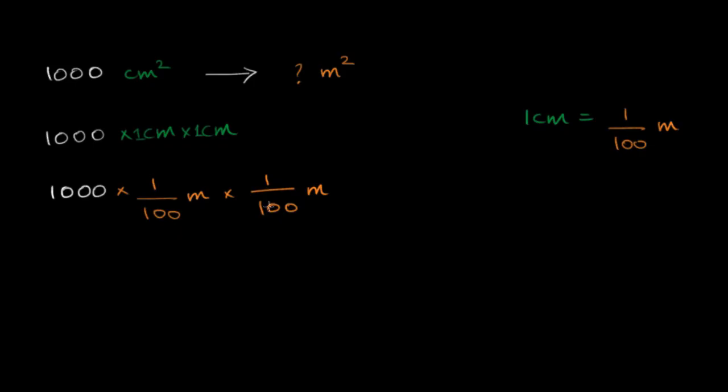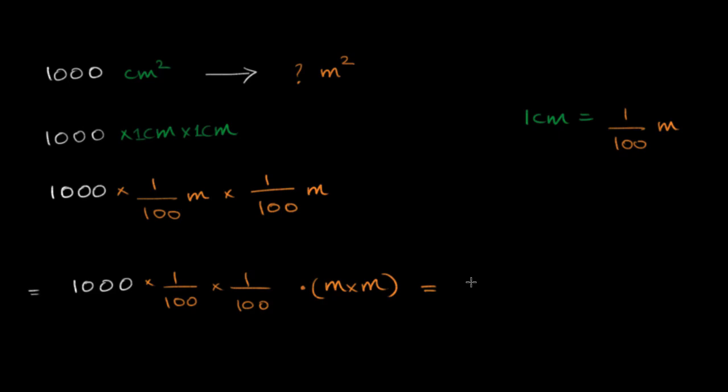So I have 1 by 100 into 1 by 100. So let's see what that gives me. I'm going to collect all the numbers together and the units together. So I'll have 1000 divided by 100, divided by 100, finally multiplied by meter into meter. Now I don't care what this number is. I'm happy because now I have my units exactly what I want, meter into meter.